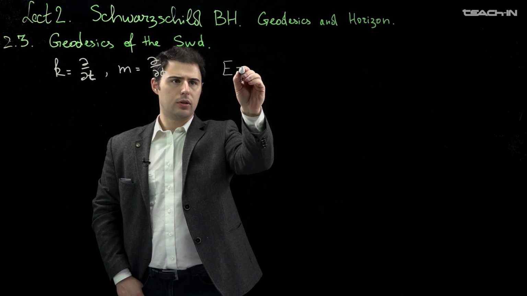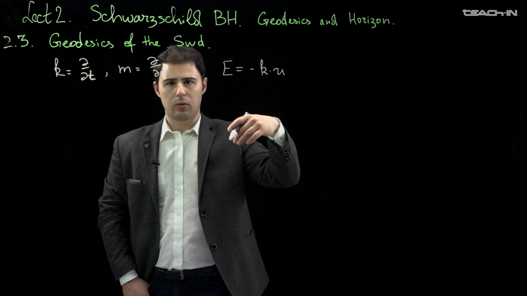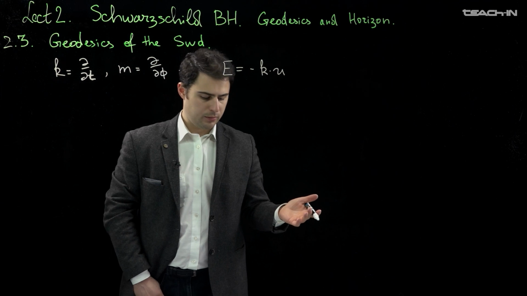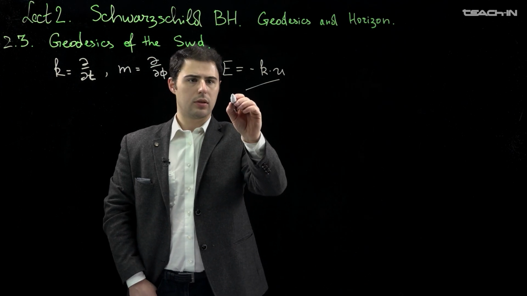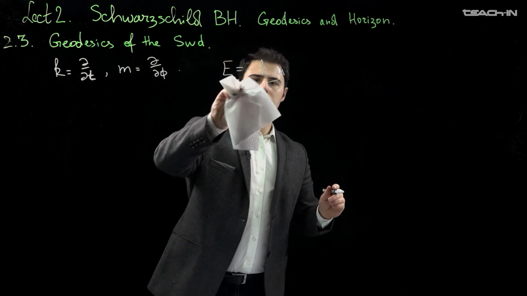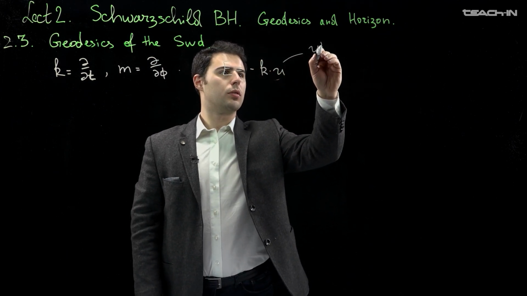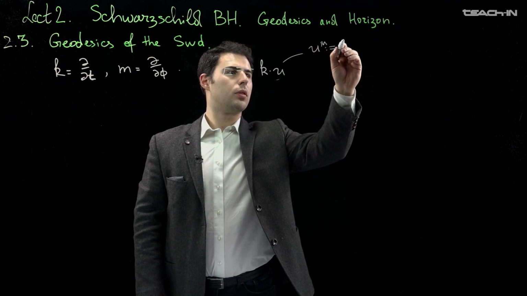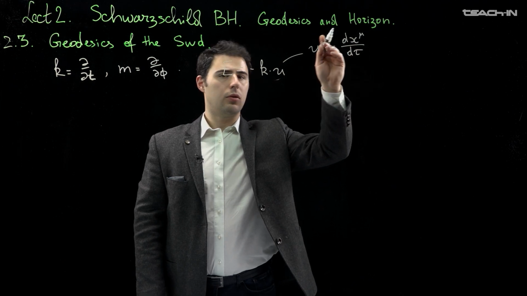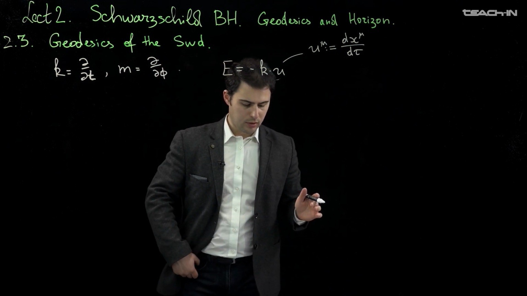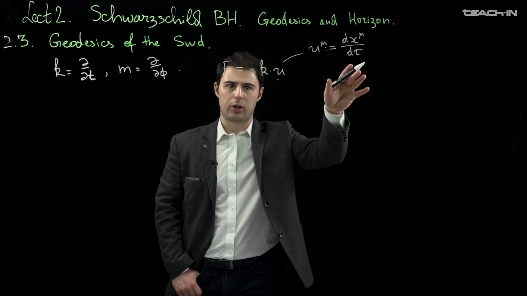So E equals minus k times u, where u is the flow velocity, where tau is a certain parameter.